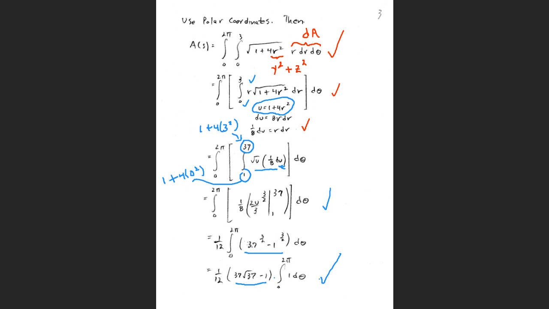Maybe I'll show you why that is. 37 to the 3/2 is 37 to the first power times 37 to the half power, because you add the exponents, 1 plus 1/2 is 3/2. That's going to get you 37 times root 37. So that's how you get this part, right?